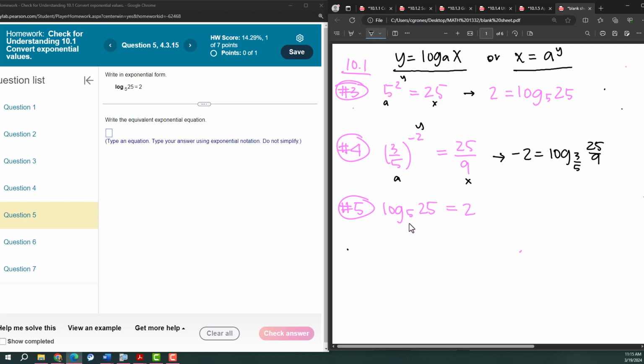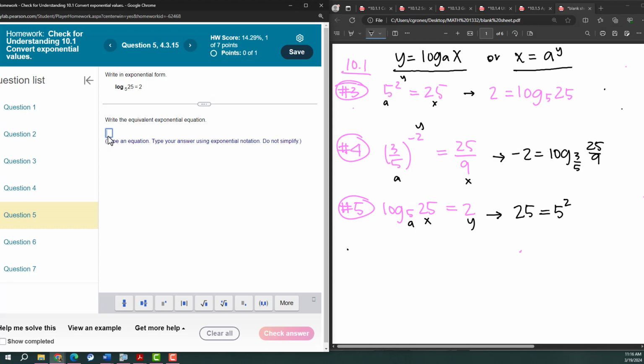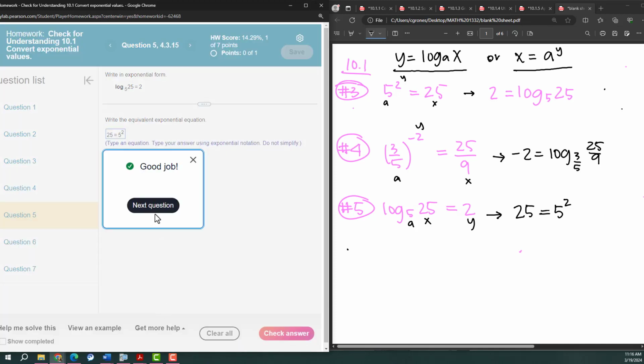So log 5 is going to be our base a, 25 is x, and then 2 is y. So I've got 25 equals 5 squared.